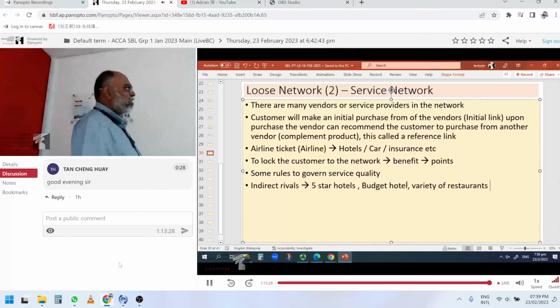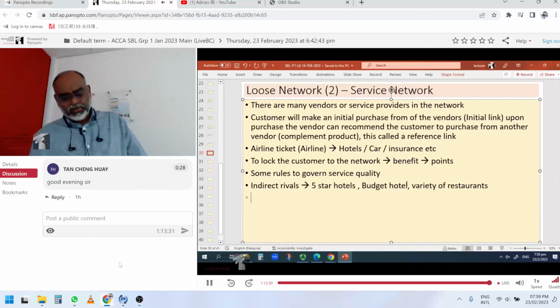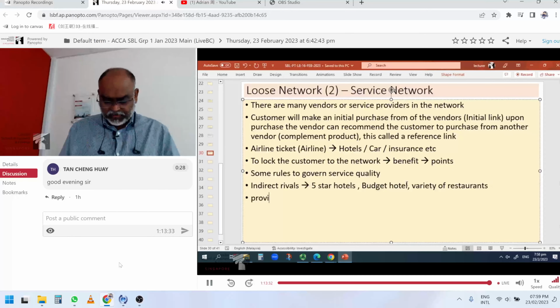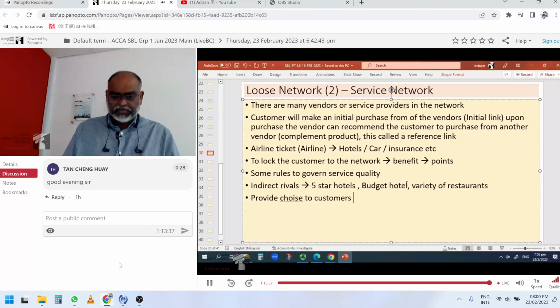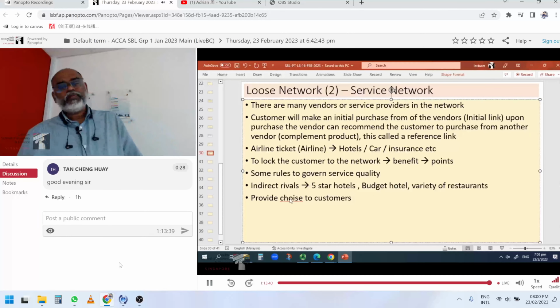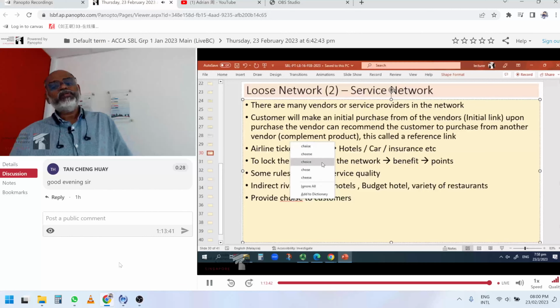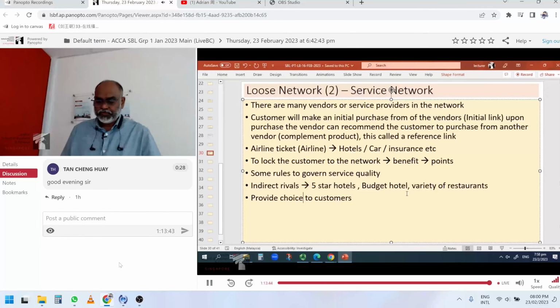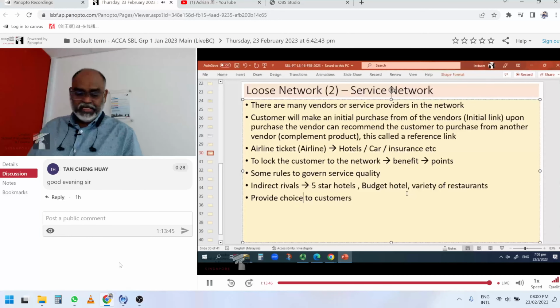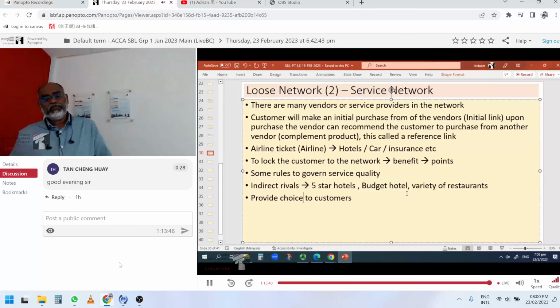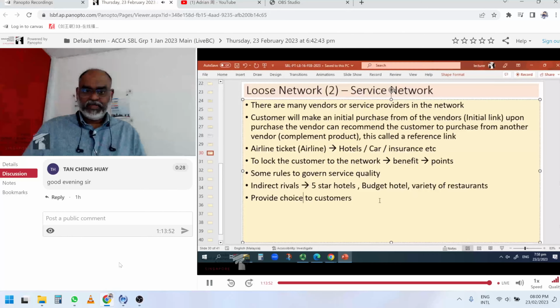They have to be indirect competitors. The reason why you do this is to provide choice to customers, so they can choose from where they want to go and get their products from. So that is your loose network, service network issues.